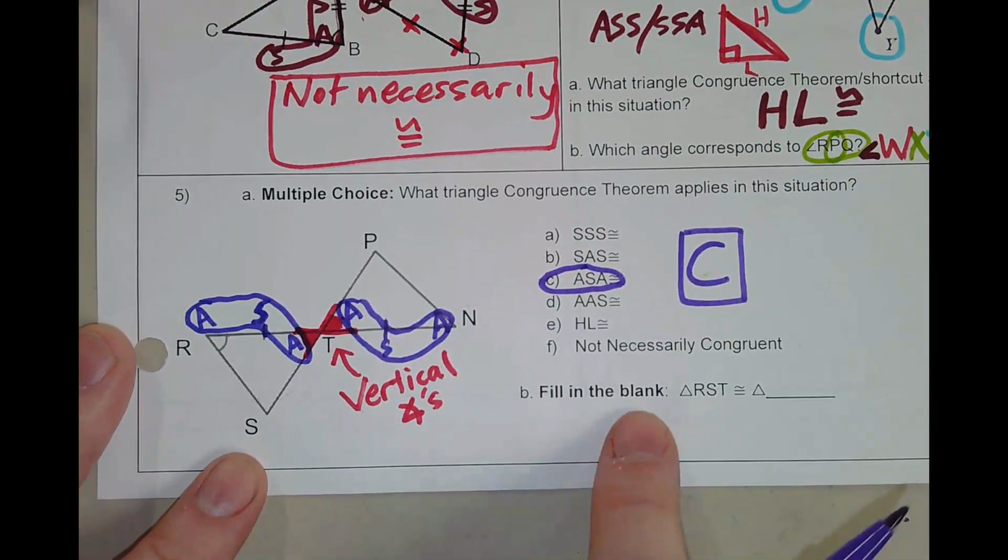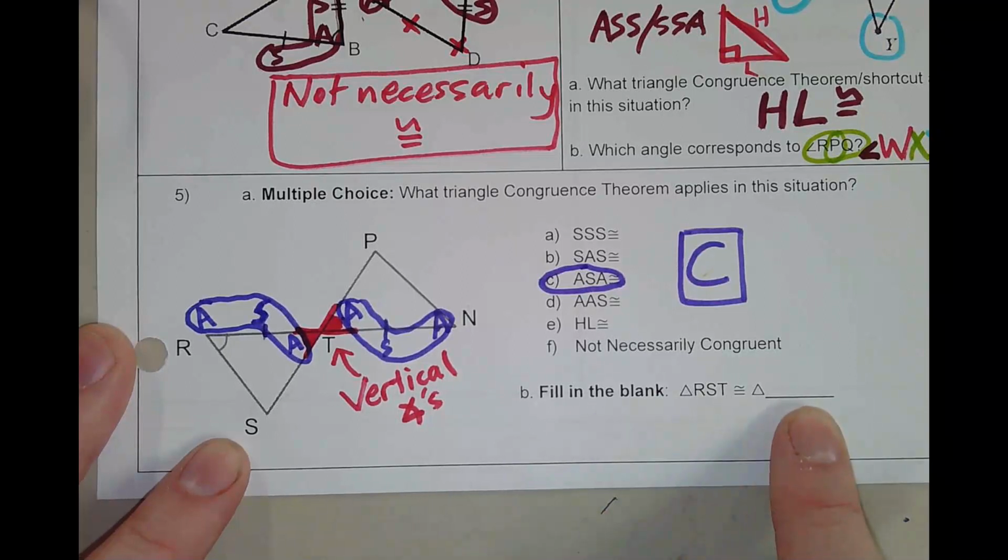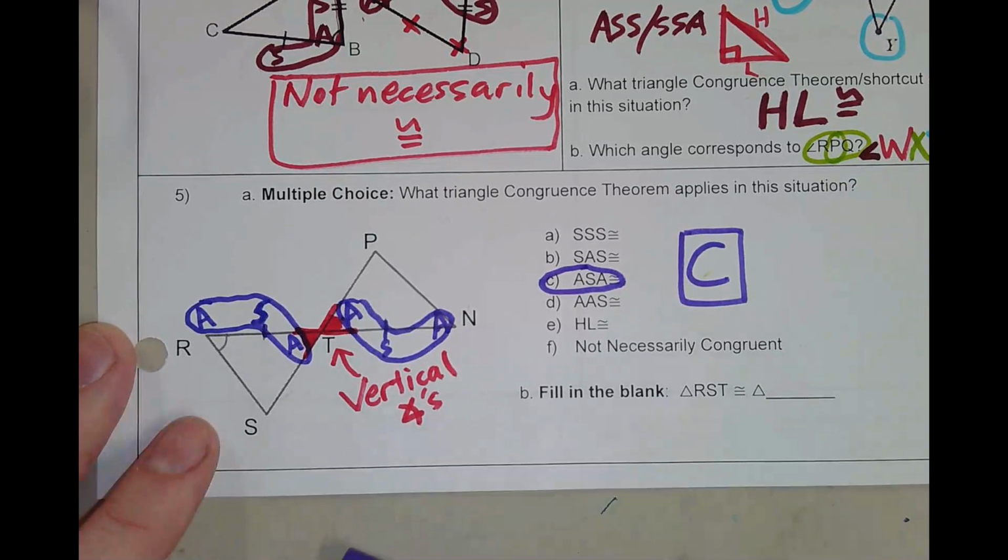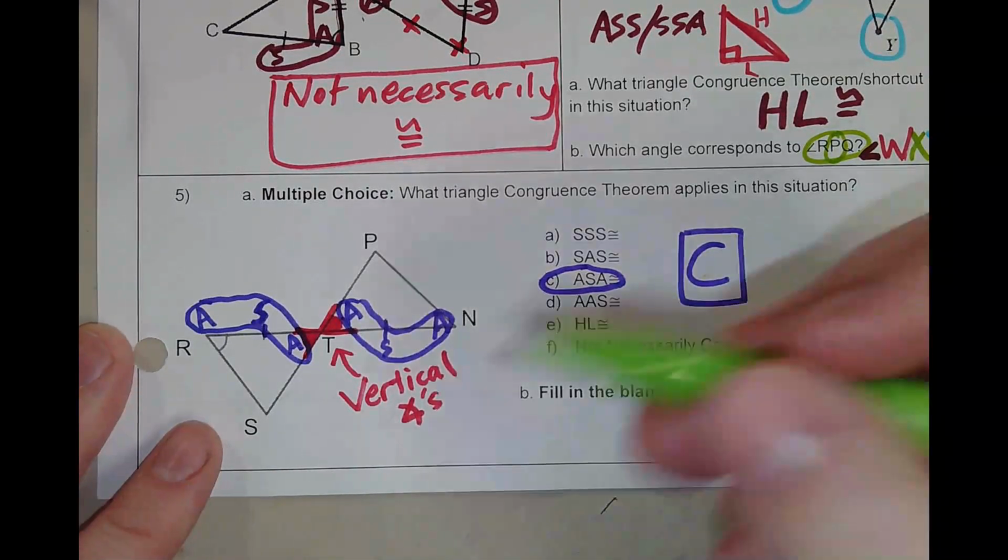All right, letter B. What matches up with RST? Let's go ahead and color this triangle a little bit. It kind of helps.